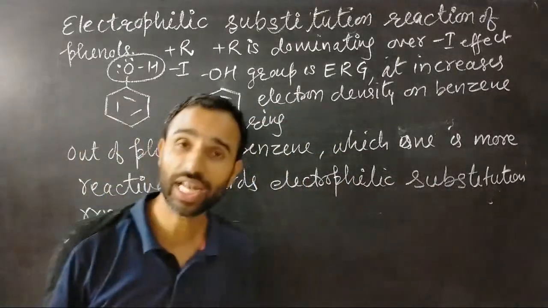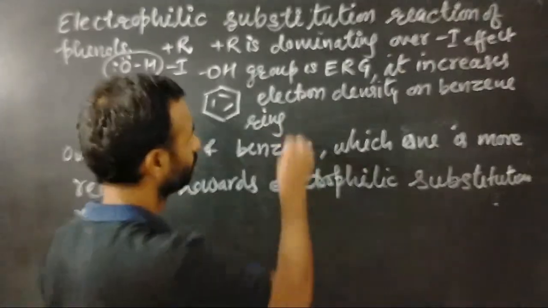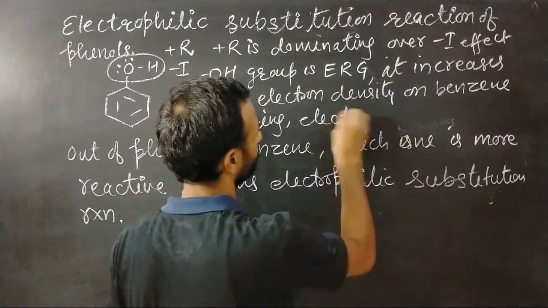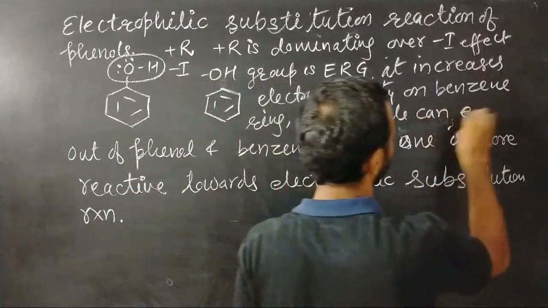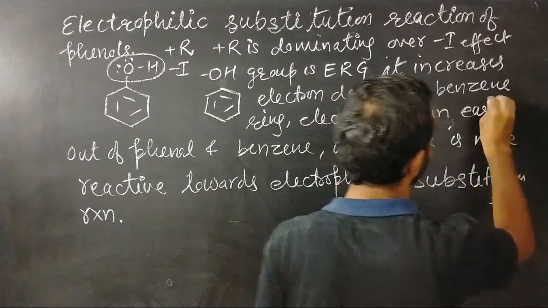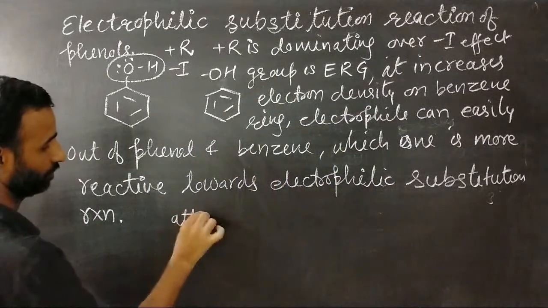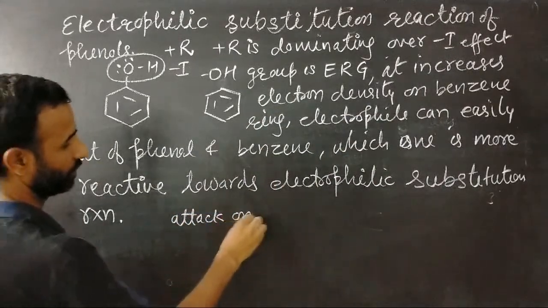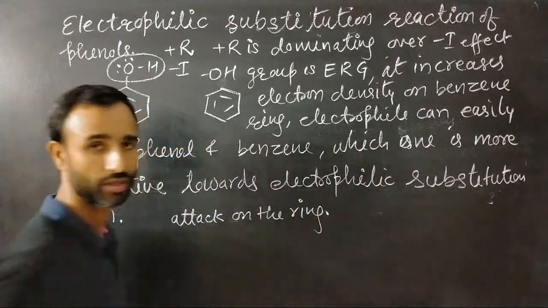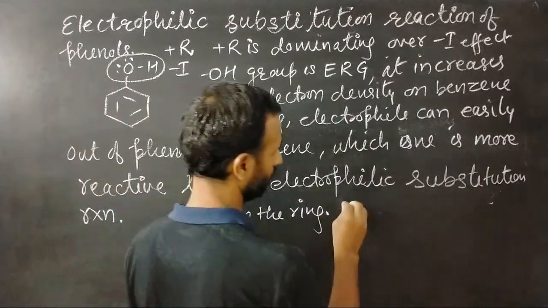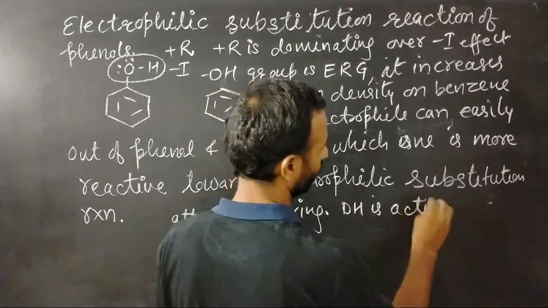As it increases electron density, the electrophile can easily attack on the ring. So OH is an activating group.